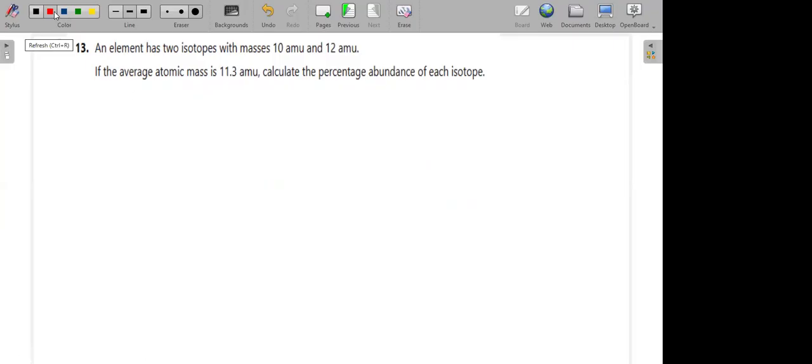Here they're saying an element has two isotopes with masses 10 and 12. If the average atomic mass is 11.3, calculate the percentage abundance of each isotope. So it has two isotopes. I'll say isotope 1 here, and here isotope 2.